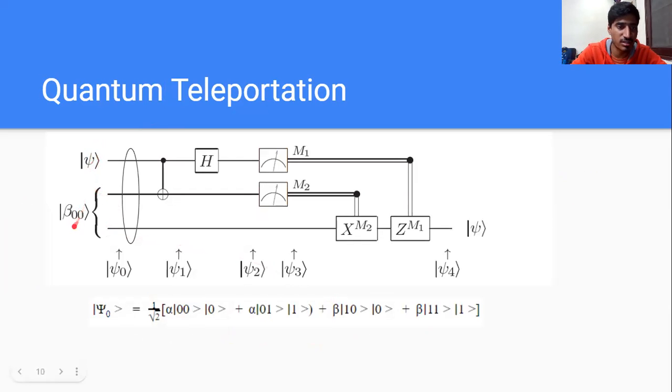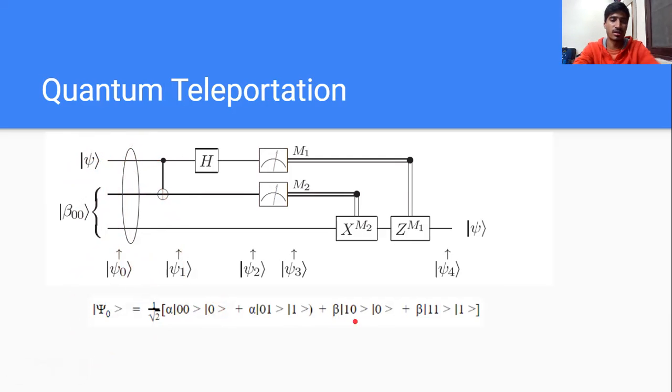So initially we have this Bell state and this qubit psi vector which Alice wants to teleport. If we multiply all these vectors, we can see that the first 2 qubits belong to Alice, and the third qubit belongs to Bob.